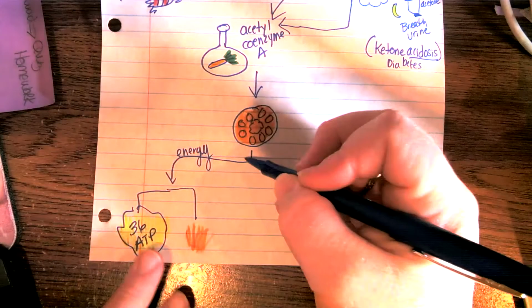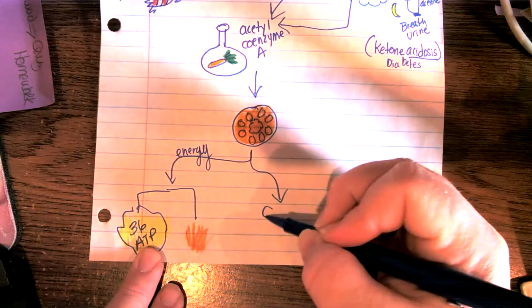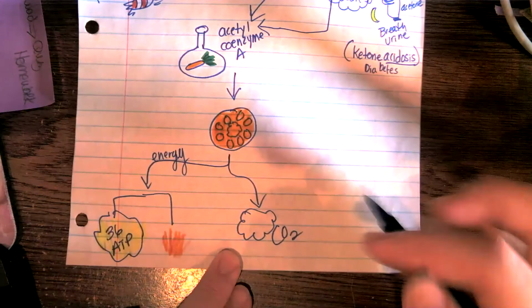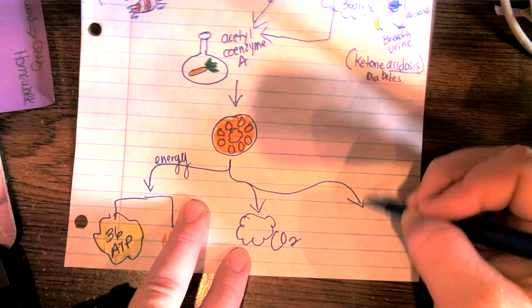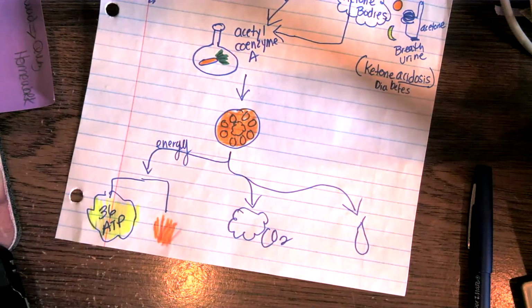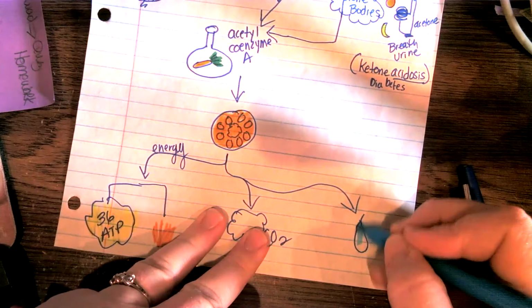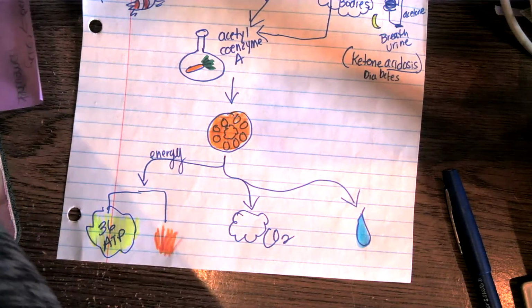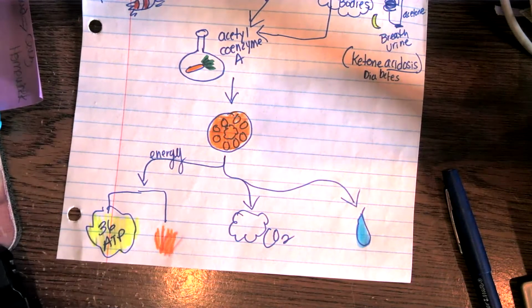What was our gas that was given off, friends? CO2. CO2, thank you. What was our liquid that was given off? H2O. See how we're getting the same thing? We're just not taking the direct route, it's like doing a MapQuest and going on the scenic drive. How about that?